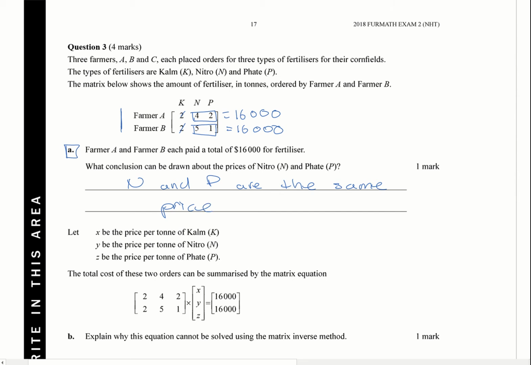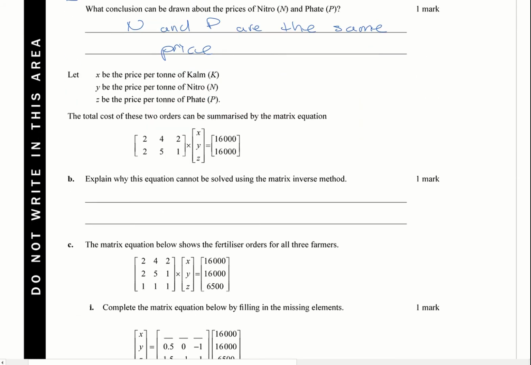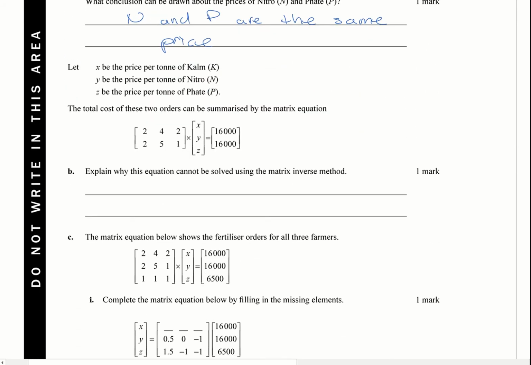All right, so let's go on to part B and part C. In part B, we want the price per ton of these. The total cost of 2 orders can be summarized by this matrix. Explain why this equation cannot be solved using the matrix inverse method. There are 2 ways of explaining this, and they both give the same answer.